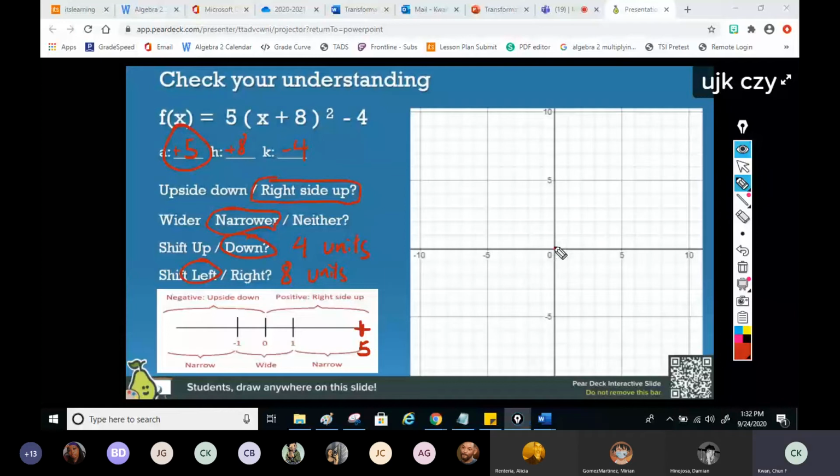That will get me here. And then it's shifted to the left by 8 units, so it'll be somewhere right here. And then the graph is right side up and it's also really narrow. So it's going to look something like this, pretty narrow, and it's right side up.